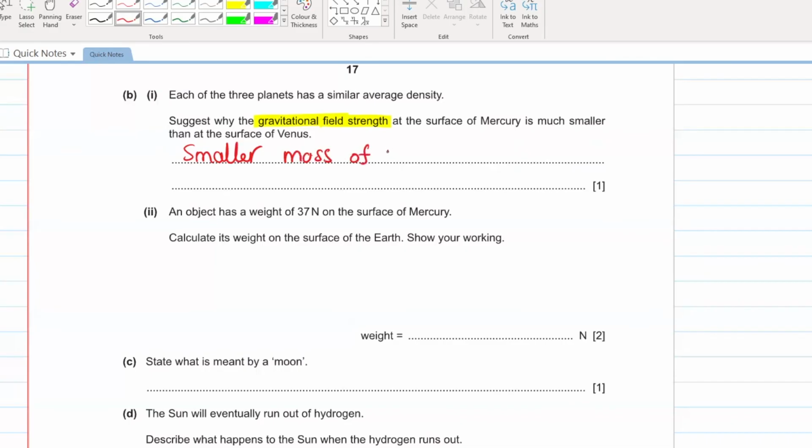An object of weight 37 Newton on the surface of Mercury. Calculate its weight on the surface of Earth. Show your working.